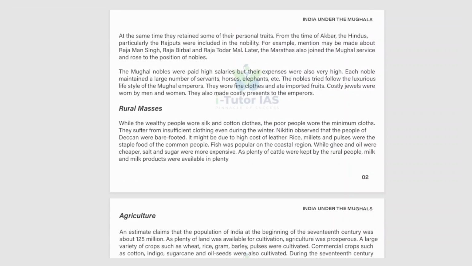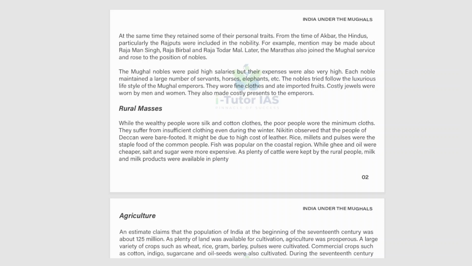At the same time, they retained some of their personal traits. From the time of Akbar, the Hindus, particularly the Rajputs, were included in the nobility, for example Raja Mansingh, Raja Birbal, and Raja Todarmal. Later, the Marathas also joined Mughal service and rose to positions of nobles.